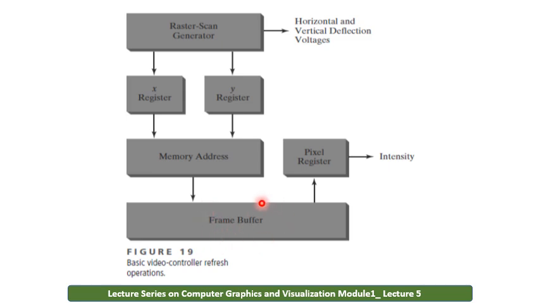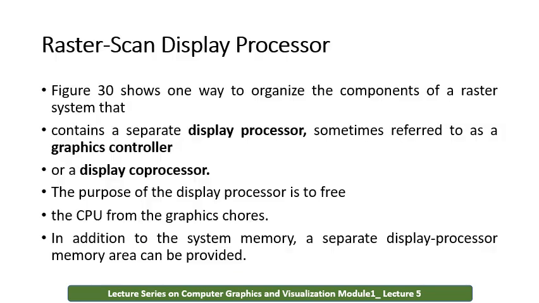Whenever it gets to the next scan line each and every time, that will be controlled by the video controller, and the video controller is going to refresh the operations depending upon the x and y value registers, which are going to increment as well as decrement within the screen positions depending upon the Cartesian coordinates.